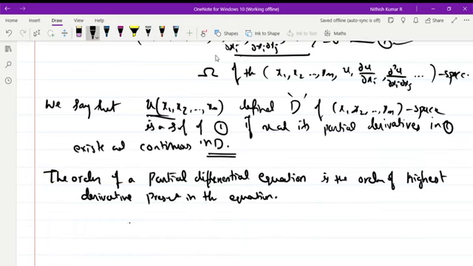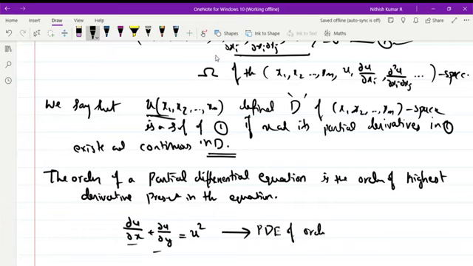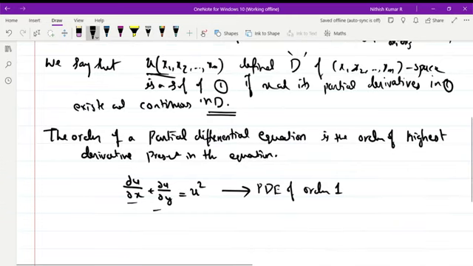So for example, if I take say dou u by dou x, dou u by dou y is equal to say u square, then the highest derivative term is this one or this one. So we can say this is a PDE of order 1. It's a partial differential equation of order 1.